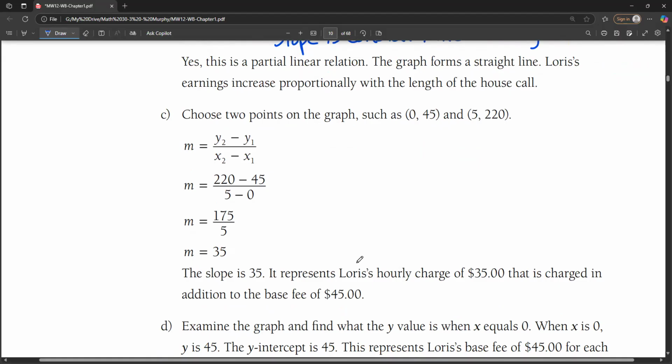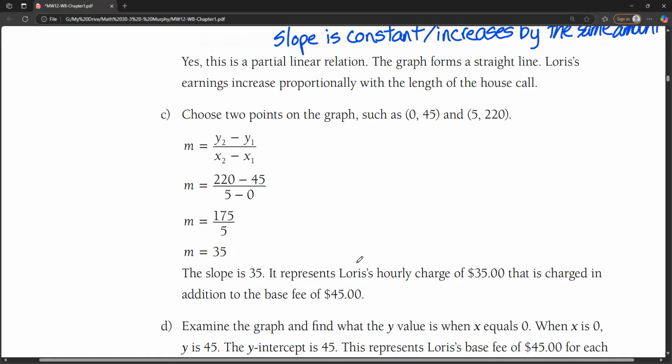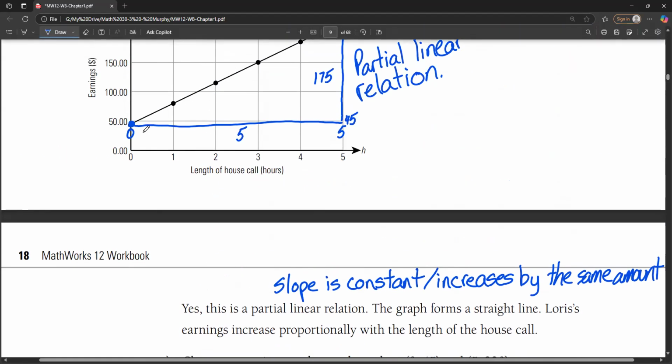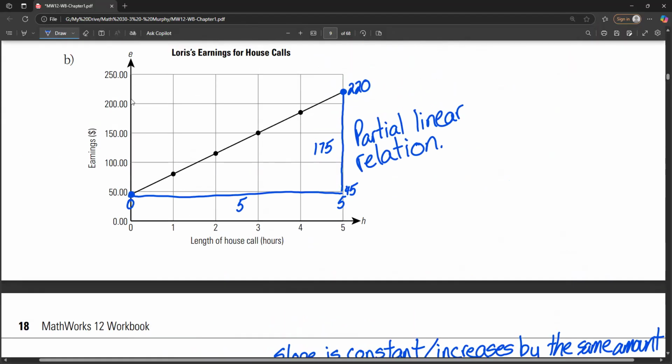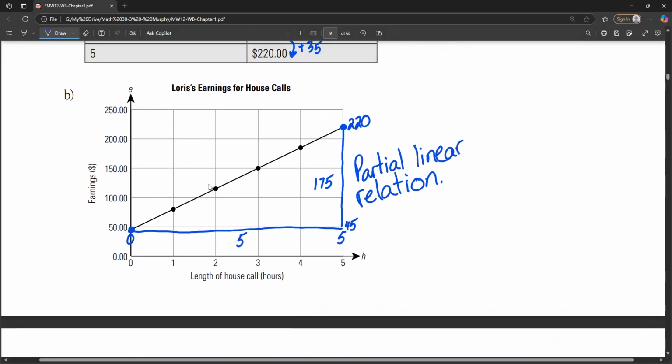Okay, D. It says, what is the y-intercept and what does it represent? Well, on the graph, the y-intercept is the y value of the first point that touches the y-axis. So this is the y-axis.